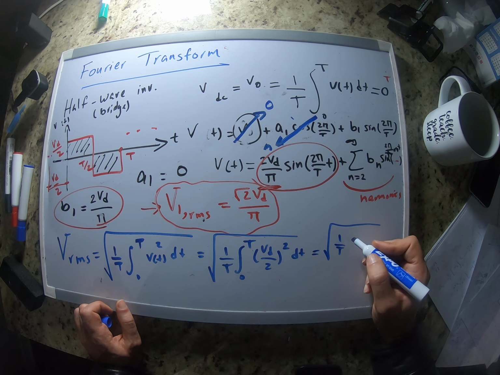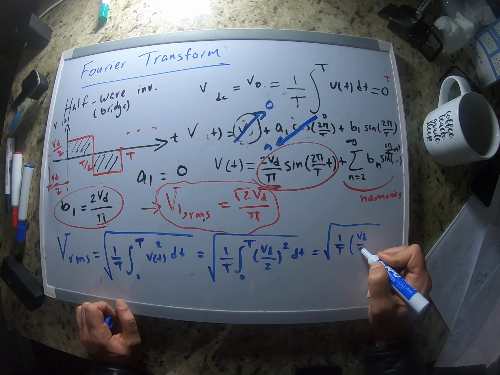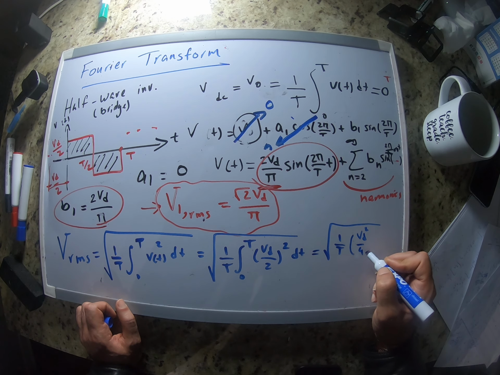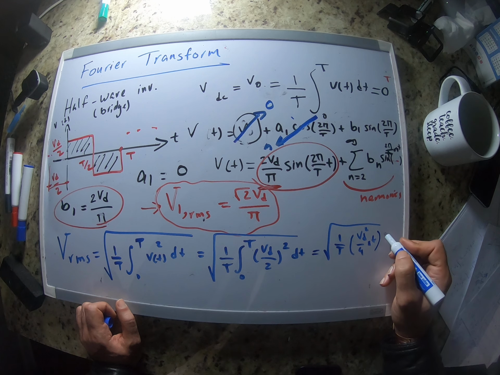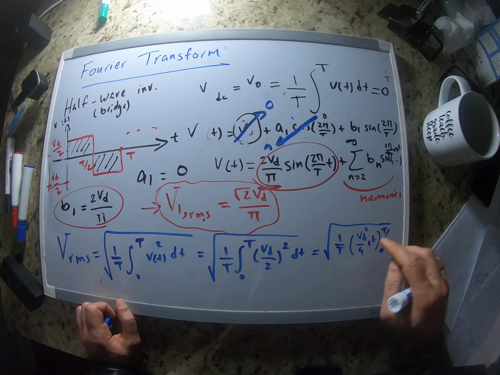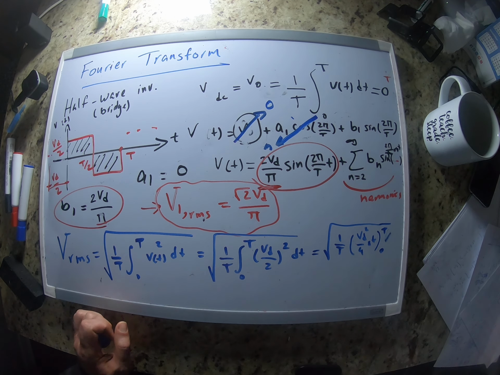It becomes Vd squared over 4 times t, where t changes from 0 to T, the limits of the integral.